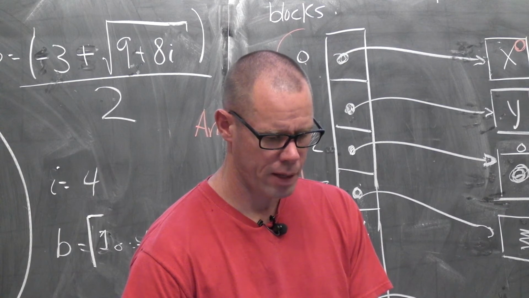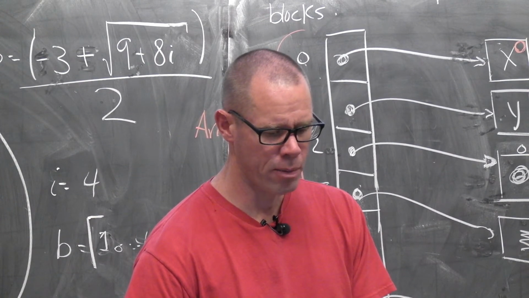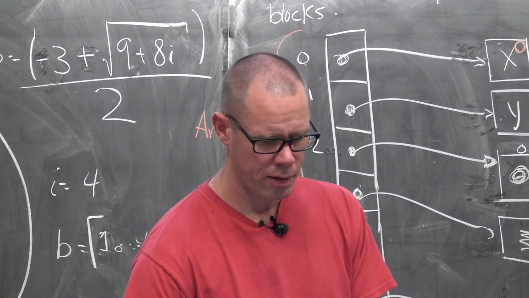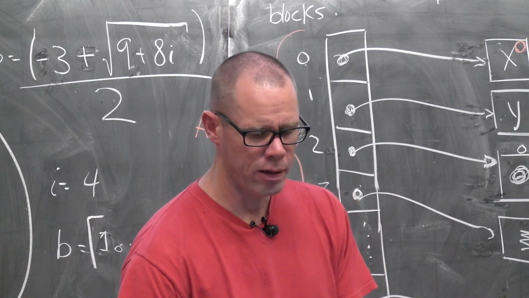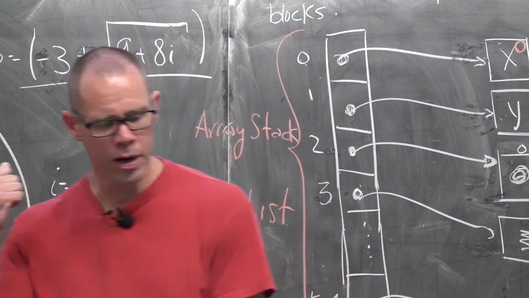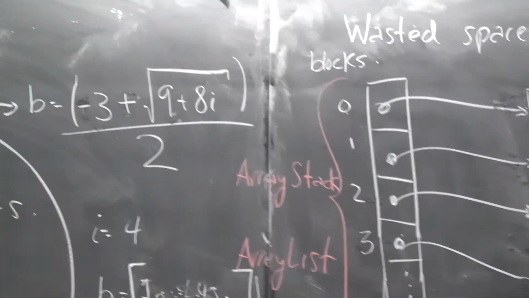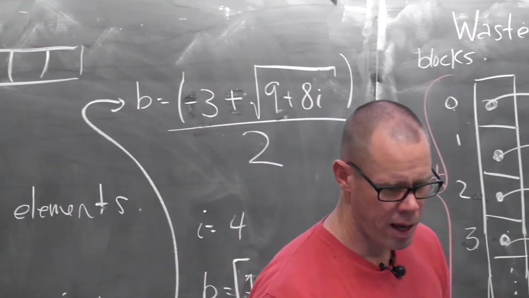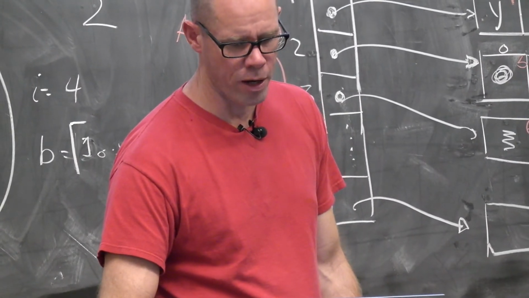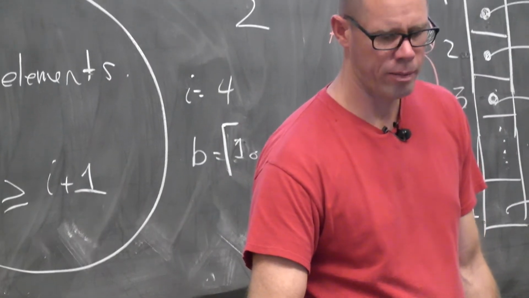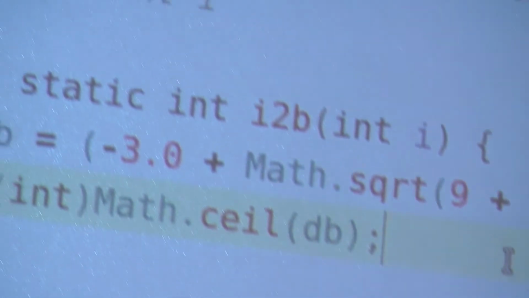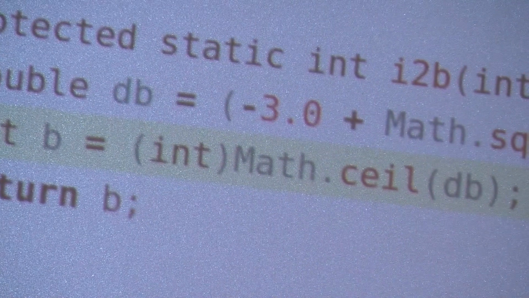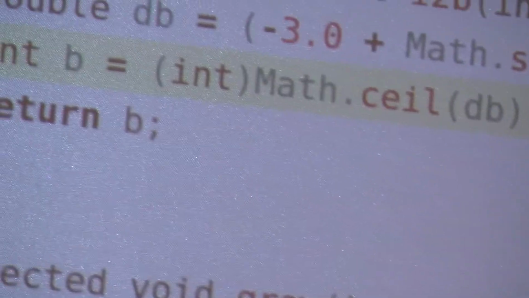There's an integer n that keeps track of things. Here's the method for computing the index. Given an index I, turn it into a block index B. And indeed, it just evaluates this equation as a double and then converts that into an integer. I've checked this.